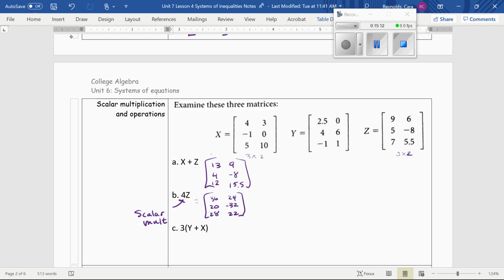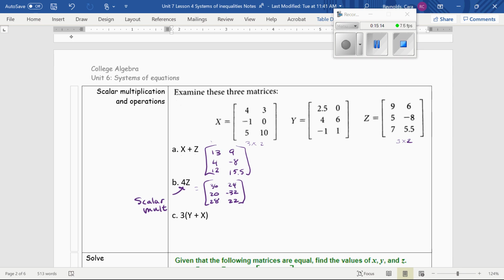Make sure you follow order of operations with matrices as well. So we're going to add inside our parentheses first. So we're adding y and x together. And then we're going to distribute that 3 through to our answer. Now, notice with addition, the order doesn't matter because we're still just adding our like elements. With subtraction, the order would matter, just like with regular numbers.